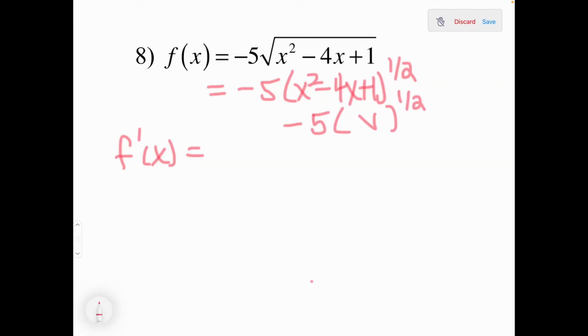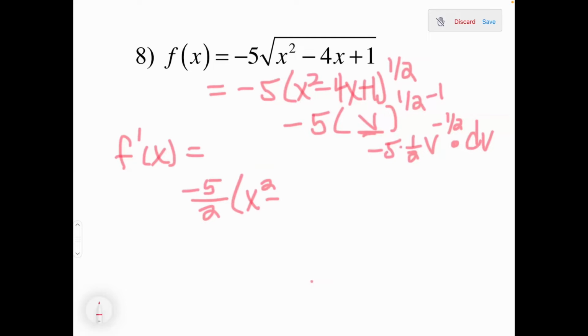Well, the derivative of that is going to be negative 5 times 1/2 v, subtract 1, to the negative 1/2, but then we have to take the derivative of whatever that inside function is. So that's going to look something like negative 5 over 2, because negative 5 times 1/2 is negative 5 over 2. We're not going to change this inside piece.